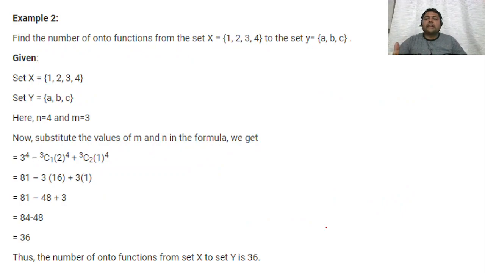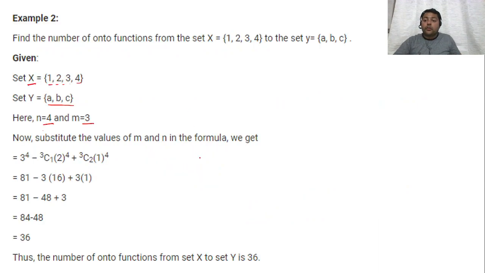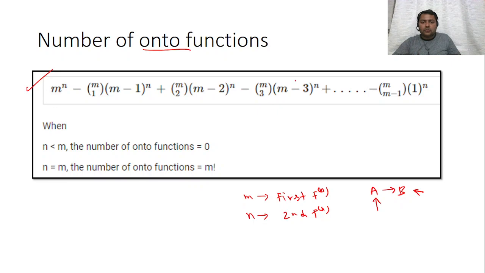If you want, I can give an example for this. For example, let us say we have x as 1 2 3 4 and y as a b c, so n is 4 and m is 3. If I have to find the total number of onto functions, then according to this formula it will be 3 power 4 minus 3C1 times 2 power 4 plus 3C2 times 1 power 4.